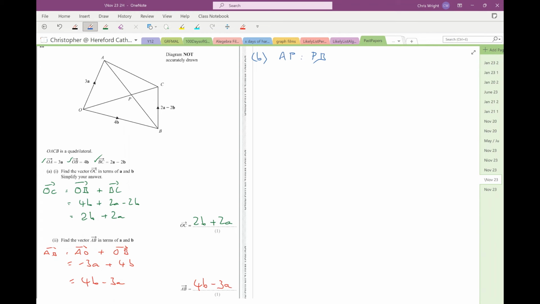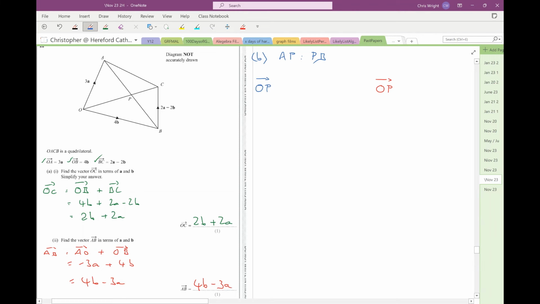Now, I'm going to find two different ways to go from O to P. So I'm going to do OP in a blue route and OP in a red route. Now my OP in a blue route is going to use the line AB.